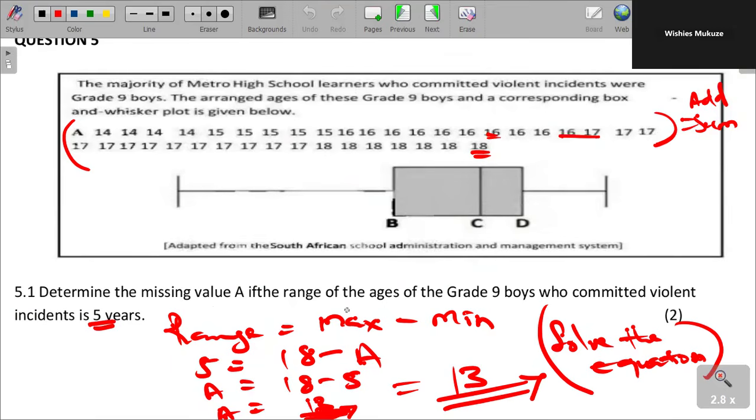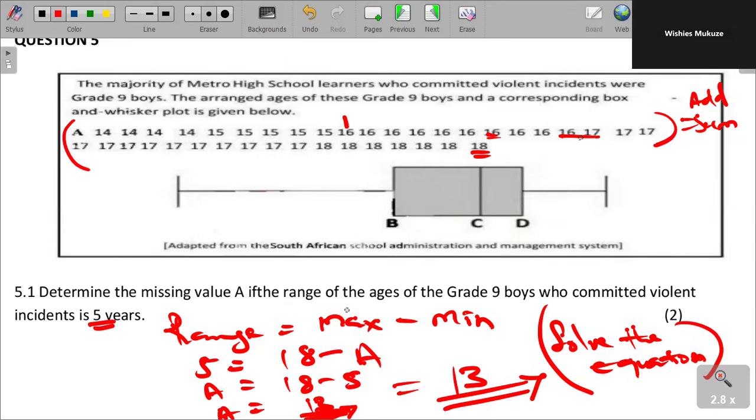16 years and above, we are just going to count them. So if we count 1, 2, 3, up to 30, there are going to be 30 over 40.